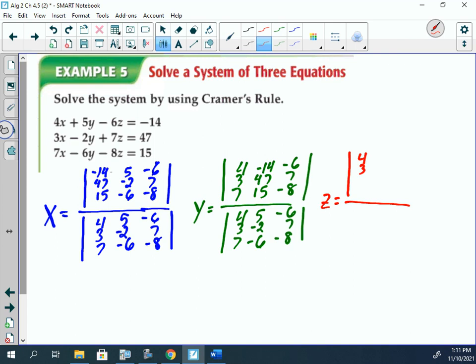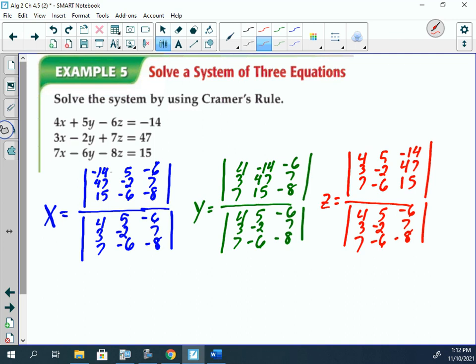This would be 4, 3, 7, -14. No. Because the middle one would be the y values, 5, -2, -6, -14, 47, 15 over 4, 3, 7, 5, -2, -6, -6, 7, -8.